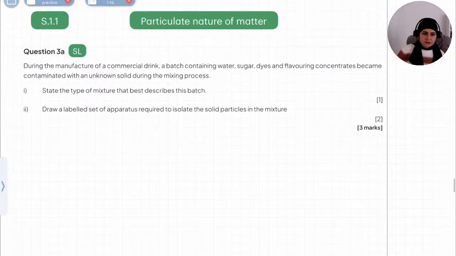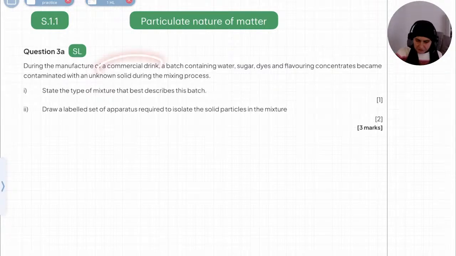Okay, next question, question 3. I skip some questions because they're either not entirely topical, or they're very easy, or just don't look like exam style. 3A: During the manufacture of a commercial drink, a batch containing water, sugar, dyes, and flavoring concentrates became contaminated with an unknown solid during the mixing process.